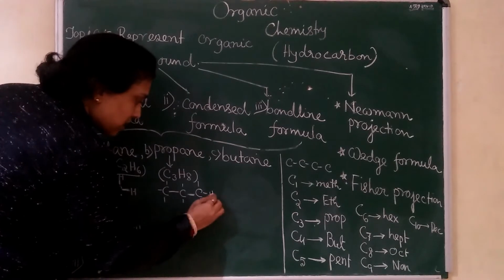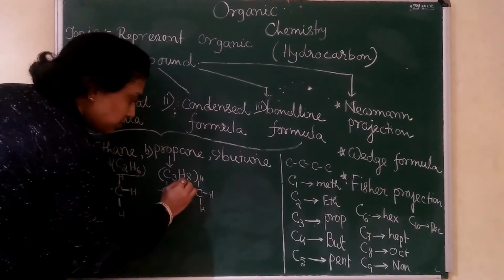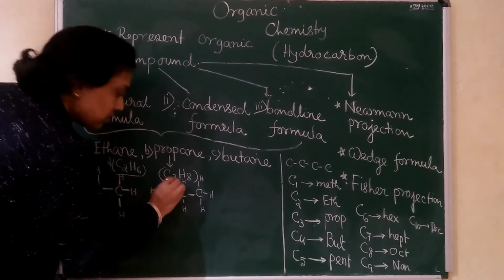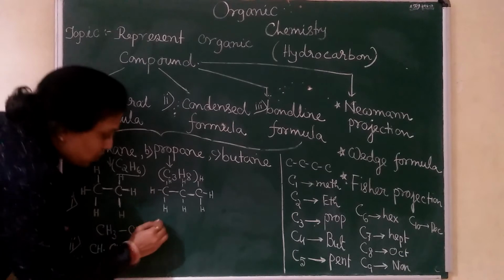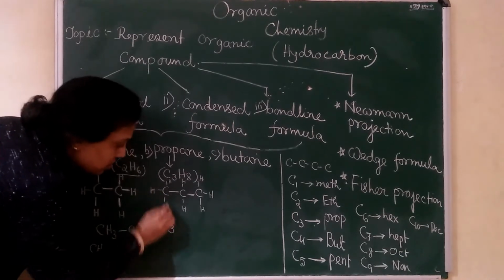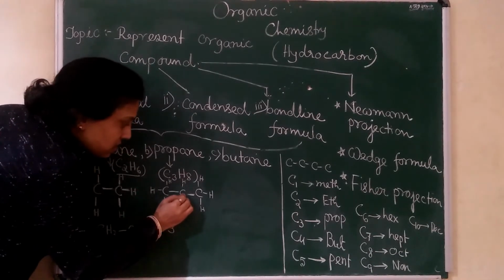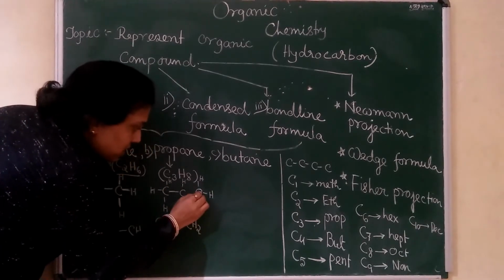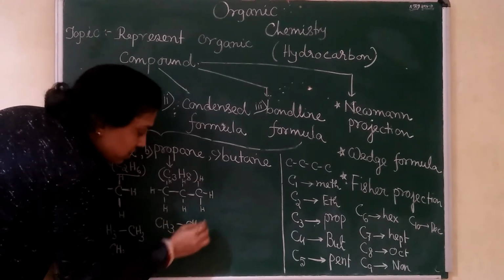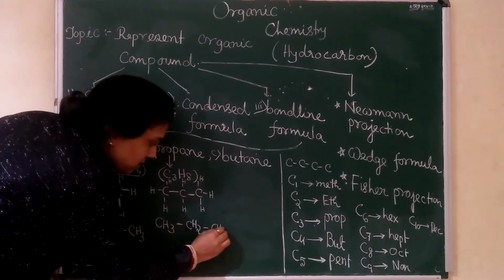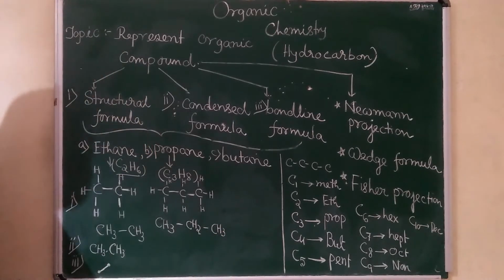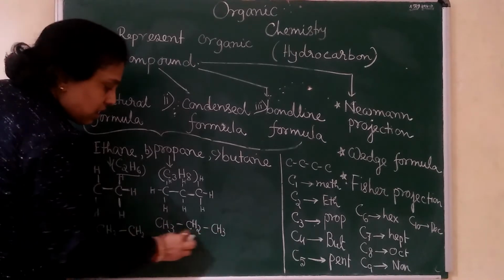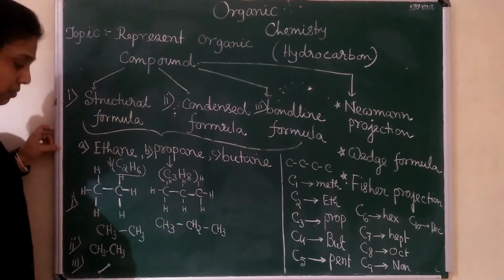So this is the structural formula. Or you can write it this way, CH3, CH3. Then this C has 2, so CH2. And this carbon will again have 3 hydrogen bonded, CH3. So CH3, CH2, CH3. This is the structural formula of propane.